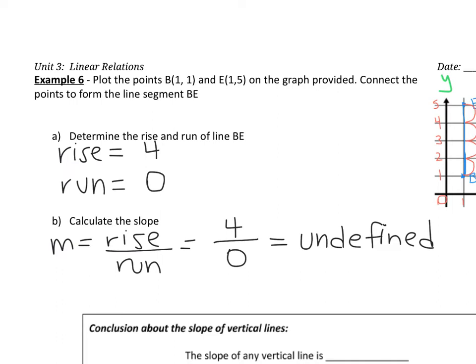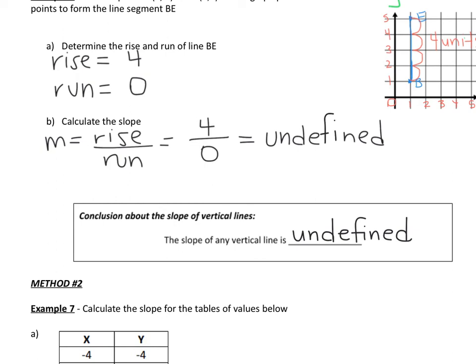So that's almost like the penultimate type of steepness that you can have. It is at the most or the max level of steepness. It is running completely vertically. So we say that the slope is undefined. So again, in conclusion, any vertical line that you come across will always have an undefined slope.